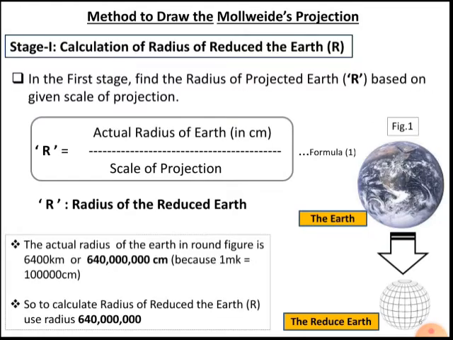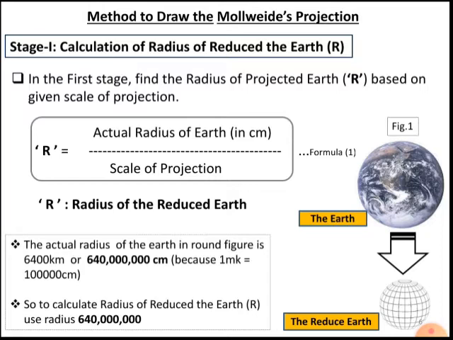So now, stage-wise, as I told you, the entire theory of this projection has been explained in the form of stages to understand it very well. So stage number one. Once you are given the example about the projection, you have to go step by step.